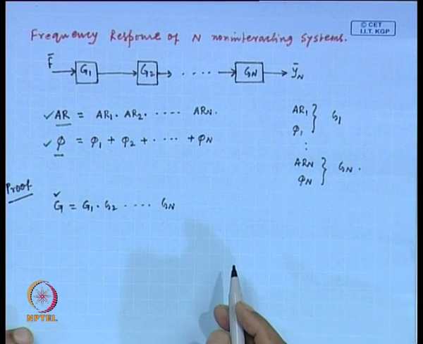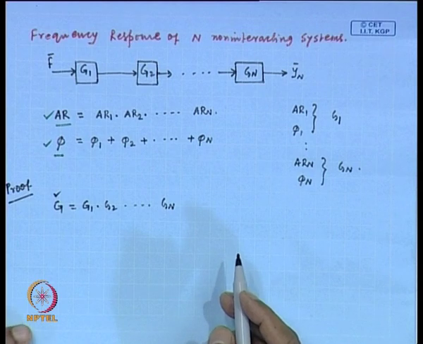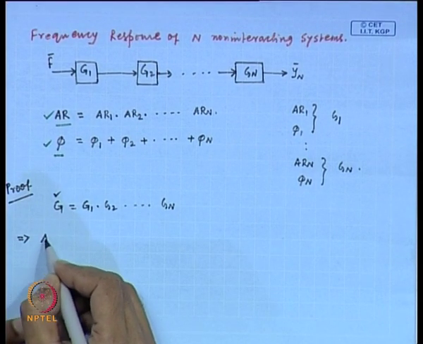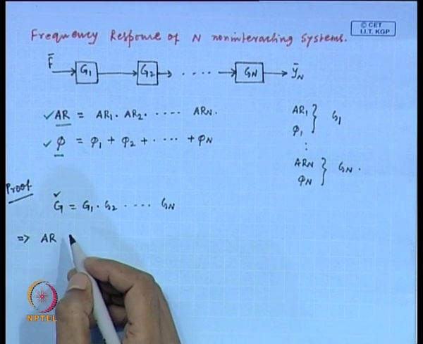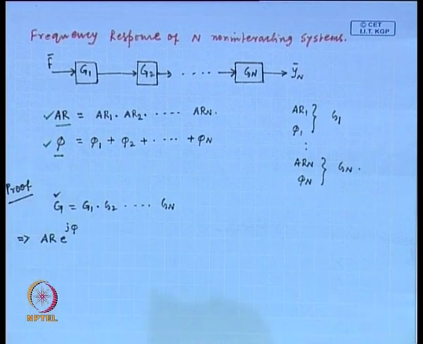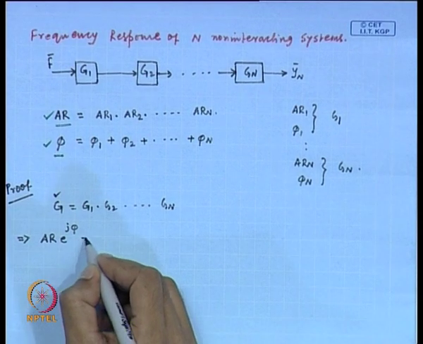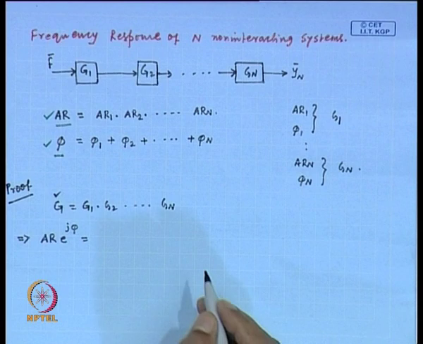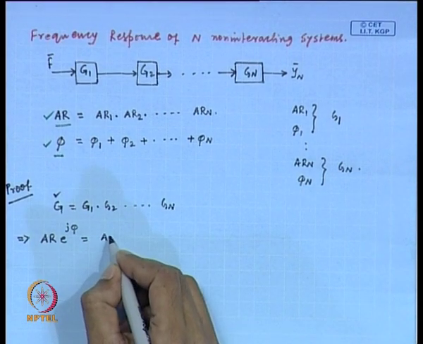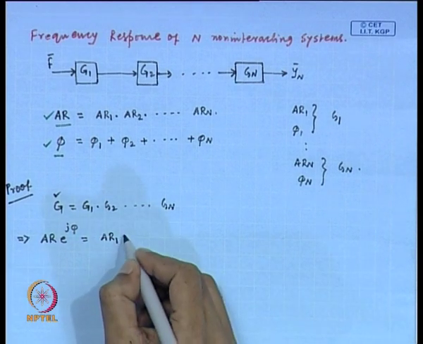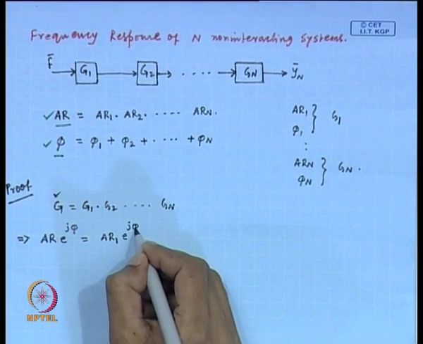Now, we will represent the transfer function in polar form. So, we can write amplitude ratio times exponential j phi; this we have written for G for the overall system. Similarly, we can write for G1 as amplitude ratio 1 exponential j phi 1.